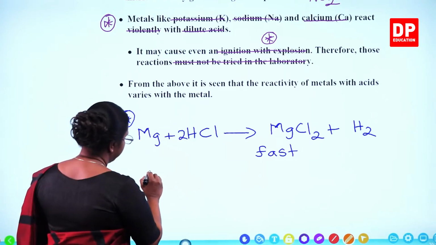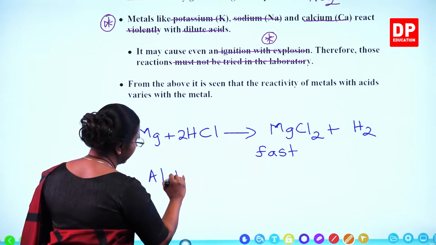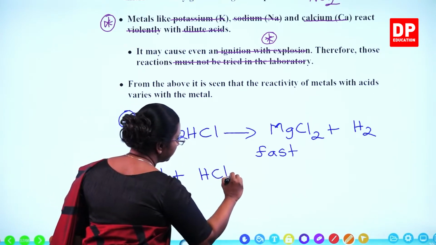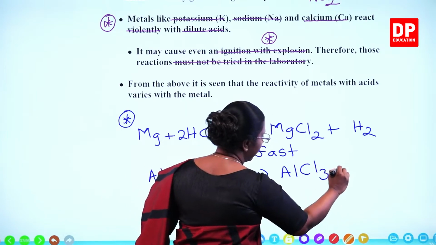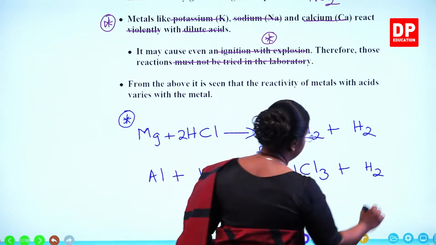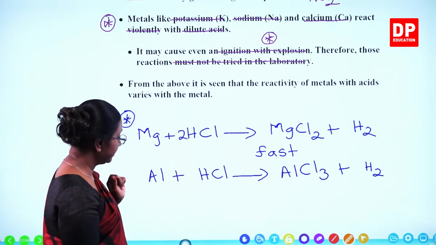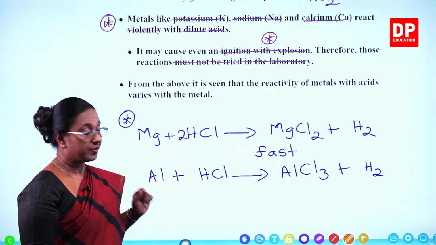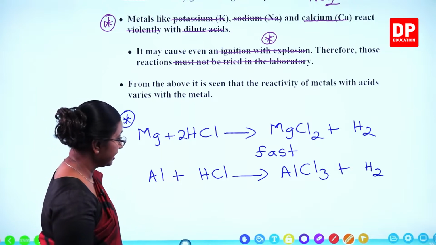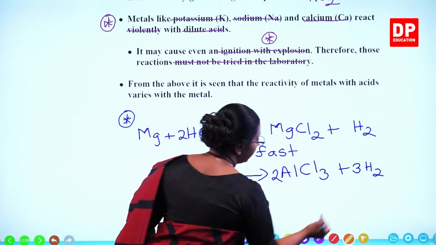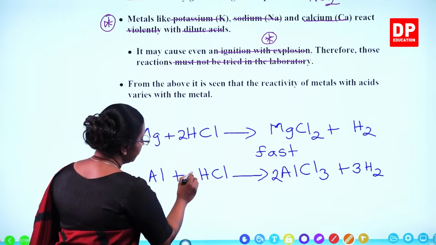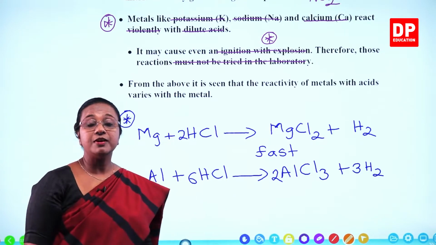The same way, we did the reaction with aluminium. Aluminium and hydrochloric acid, you will get AlCl3 and H2 gas. We have balanced this type of reaction before. Aluminium plus HCl. In order to balance the gases, we put a 2 here, 3 here for hydrogen. So we put a 6 in front of HCl.